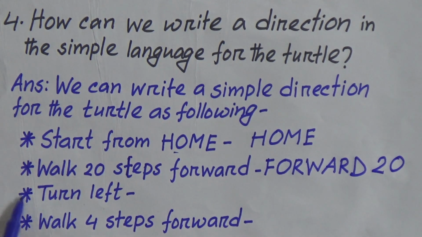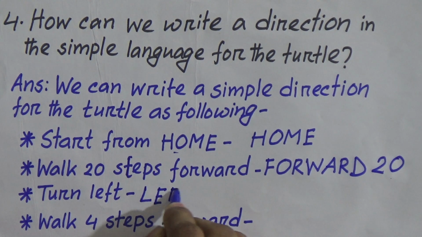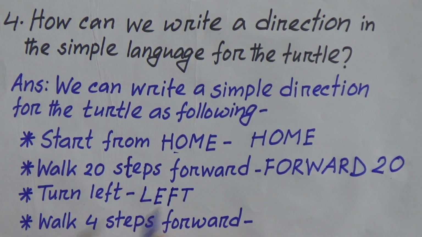Okay, walk 20 steps forward. Forward will be in capital letter, and then we will write 20. Turn left, so we have to write left in capital letter, L-E-F-T. Okay, so turn left, I have written left in capital letter as it is written in the directions.